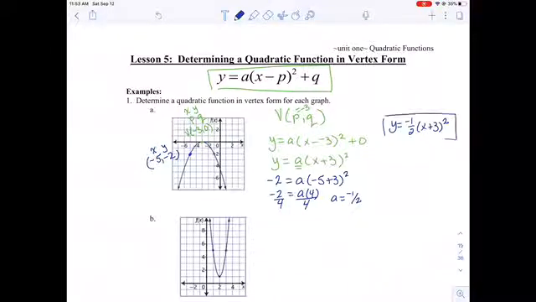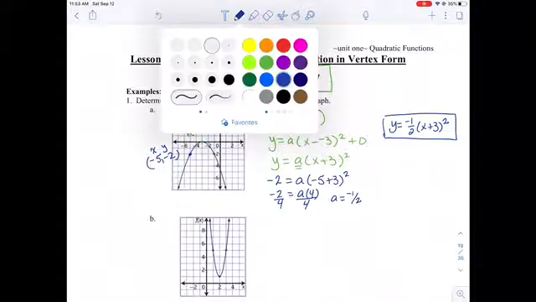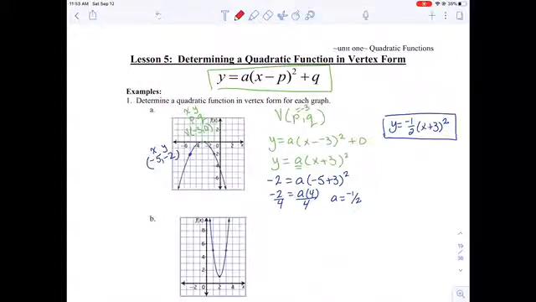So the p and q we get from looking at the vertex, and the a we have to solve for. Now another way to solve for a, if you understand the pattern of the parabola, once we look at that vertex, I know that regularly I would go over 1, down 1. I've definitely not gone down 1 because you can see the point is not on the grid.